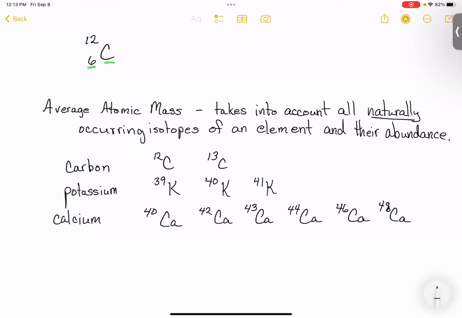If I were to give you 3 tests and I ask you, what is your average, how would you tell me? You'd add them all together and divide by the amount of tests. So in other words, you take into account all of them, don't you? When we get into the average atomic mass, we have to take into account all of them for an element.